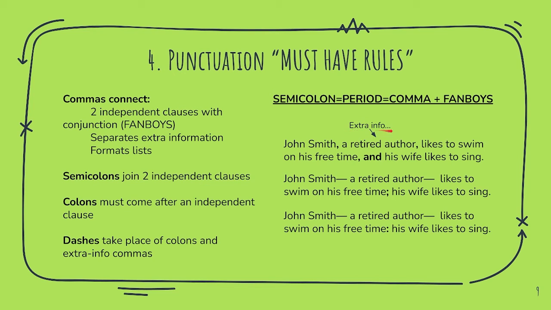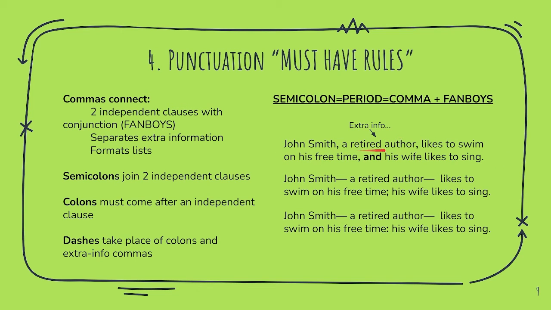So what defines extra information in the sentence? We can see here in this example, it says, John Smith, comma, a retired author, comma, likes to swim in his free time, comma, and his wife likes to sing. So in this sentence, this part is non-essential information. A way we can test that is if we just get rid of this and we read, John Smith likes to swim in his free time and his wife likes to sing, it doesn't disturb the idea of this sentence.